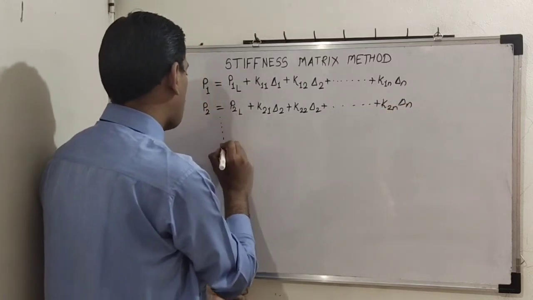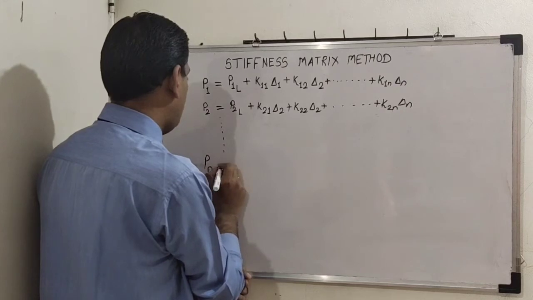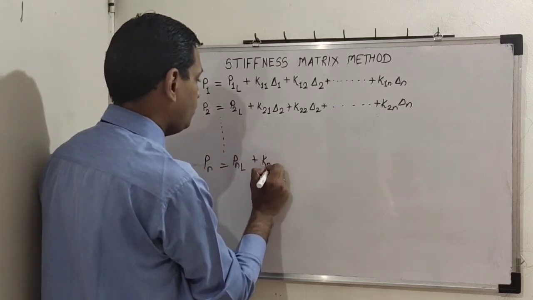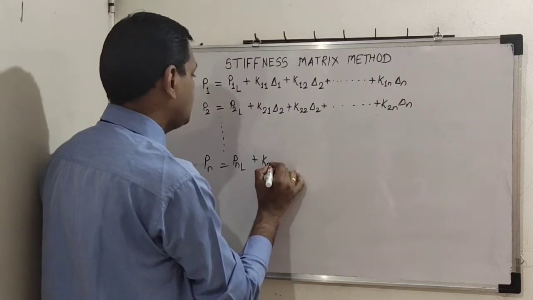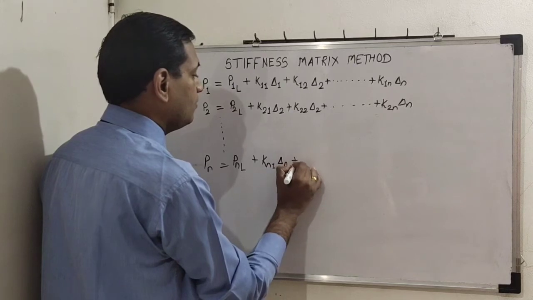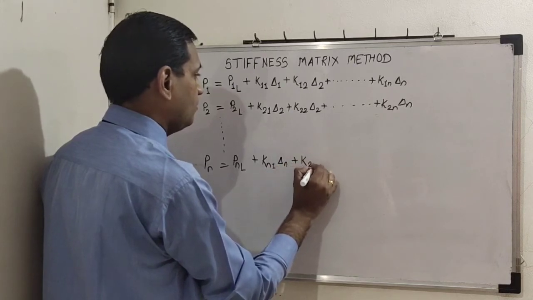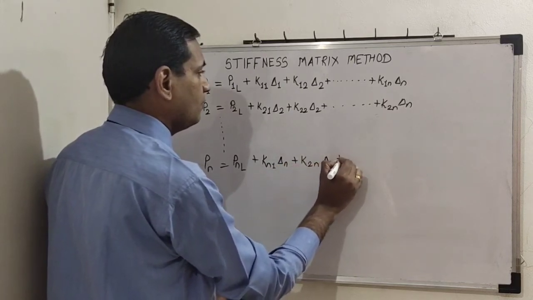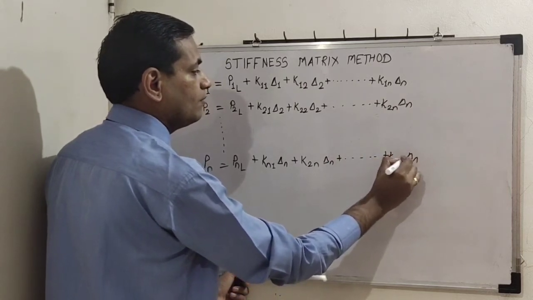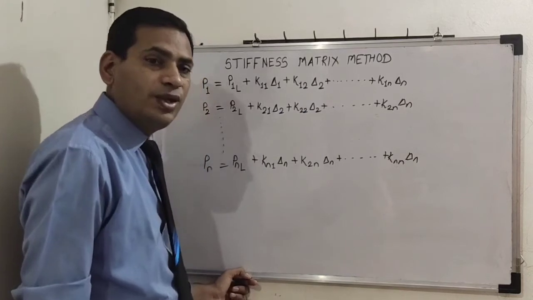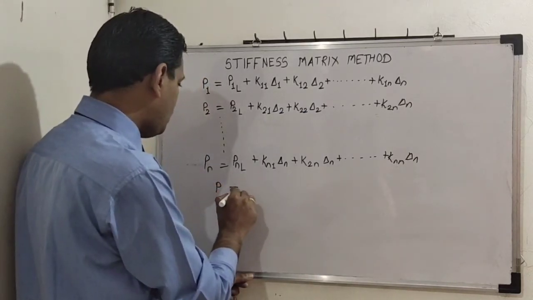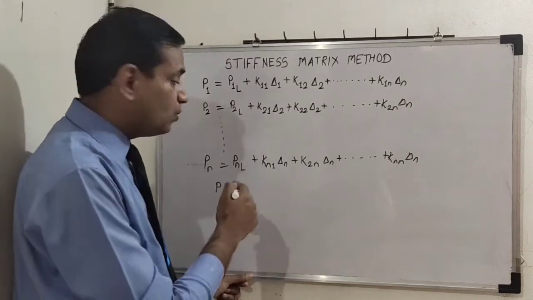So like this we can form all the equations up to n number of unknowns or locations. So if you see, in general this is our P force, which is the force in the member.